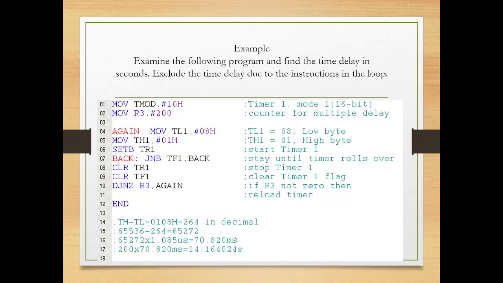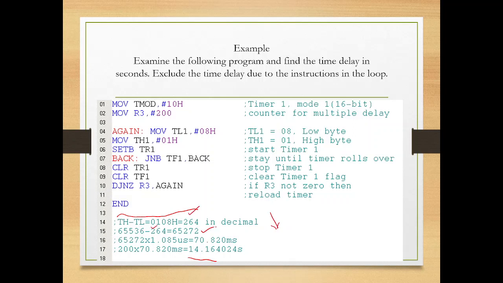We have another example which will execute a delay here. The same procedure is used; you can go through this. And once we have TL and TH, how do we find the timing? We go in the reverse procedure. Once we have the decimal value, it is subtracted and n is known.